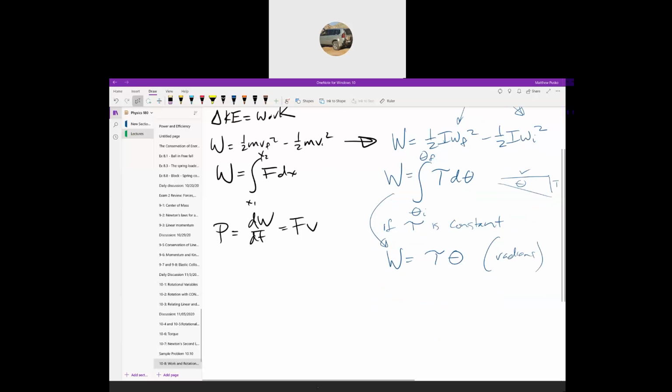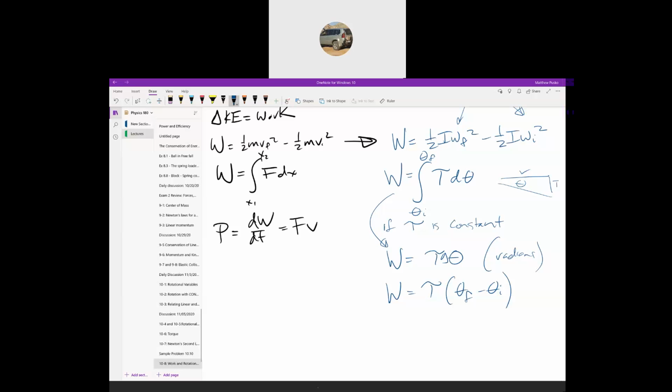So the work is equal to whatever that torque is times theta final minus theta initial. So you just need to know the two angular positions and what torque was doing that work.